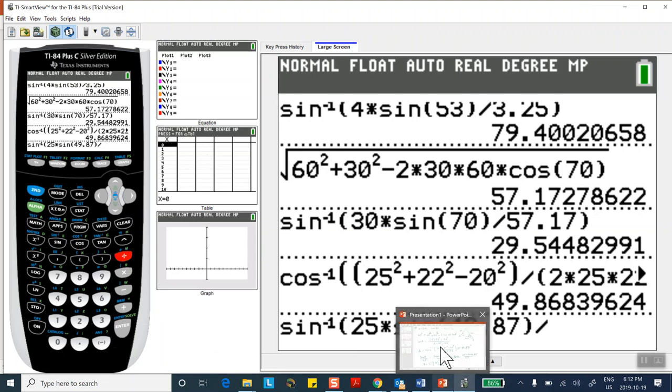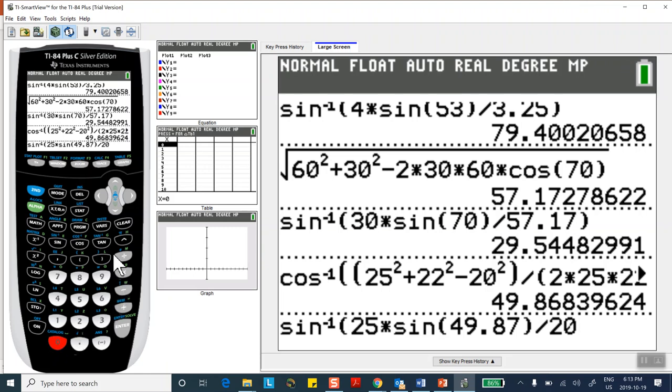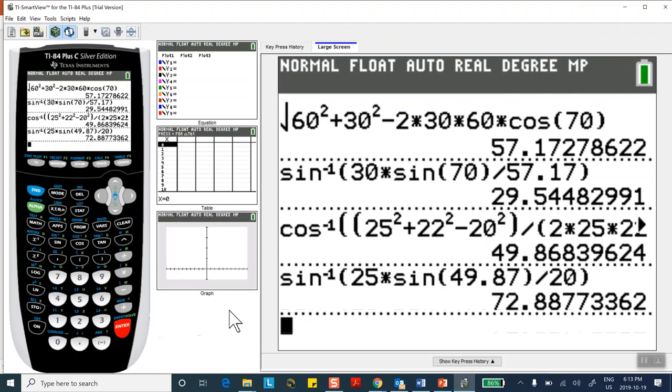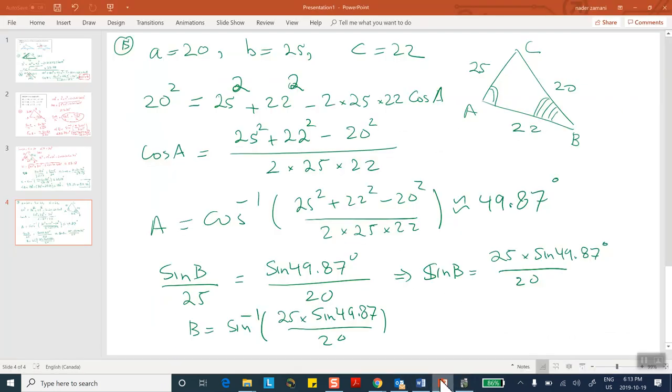I think it was 20. Yeah, 20. Close the parentheses, enter, and that is 72.89. So approximately 72.89 degrees.